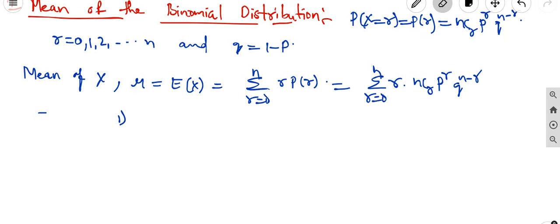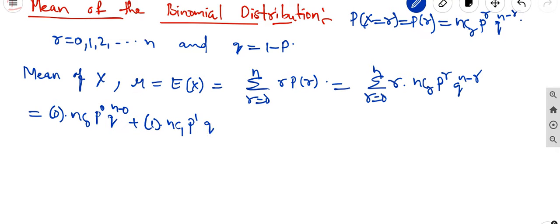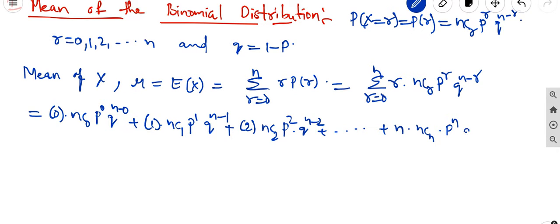We write this as 0 into nC0 p power 0 q power n minus 0 plus 1 into nC1 p power 1 q power n minus 1 plus 2 into nC2 p square q power n minus 2 plus so on plus n into nCn p power n q power 0.